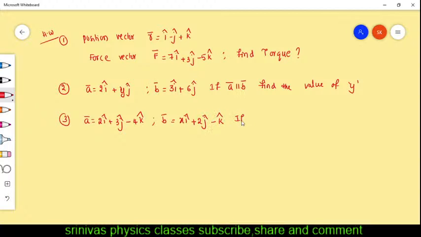If these two vectors are perpendicular to each other, then find the value of x. Now this is the homework for you.